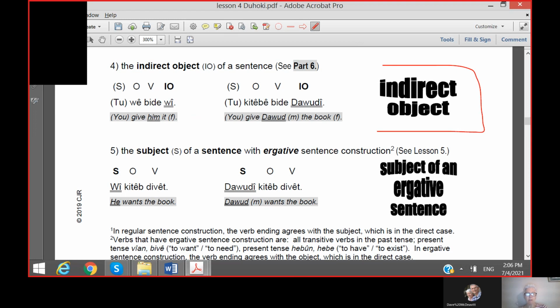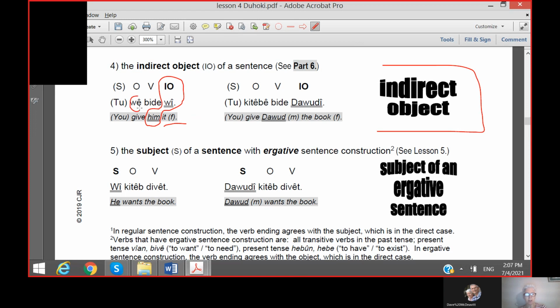With the verb give, this is common. You give him it, or you give it to him. Him is our indirect object, and the it is the object, and that's feminine.